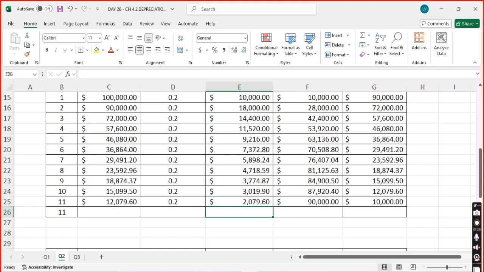Correct. So yeah, then you'll get the maximum to depreciate it for $2,079.60 for the 11th year. Okay, to give you your end result of your book value to be a nice even 10,000.